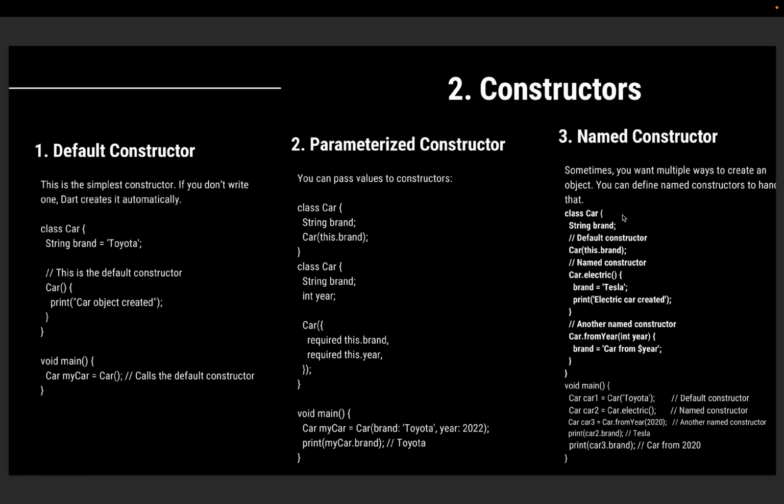For example, for this animal, you want something like a good animal and a bad animal. And you've created a constructor for it already. The first constructor, the name constructor. Now we want to do a named constructor that you can use.